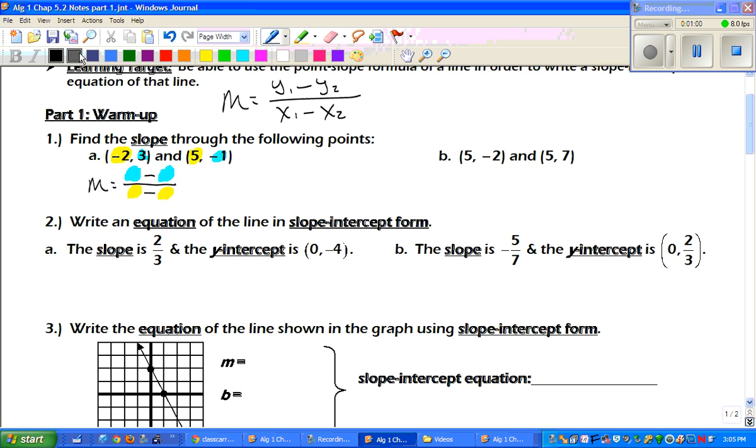So 3 and -1, and then -2 and 5. Make sure to perform the click if you need to, and you end up getting 4 over -7.